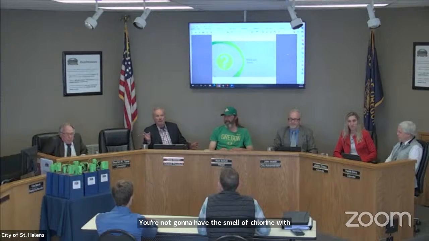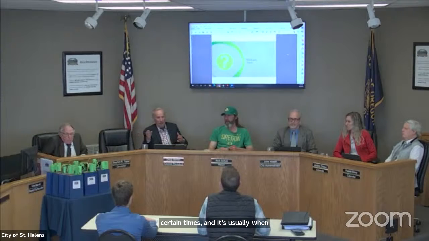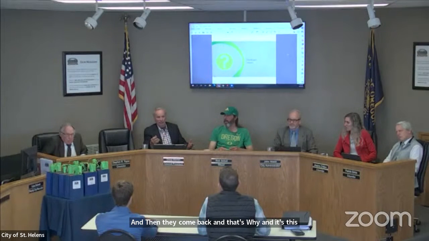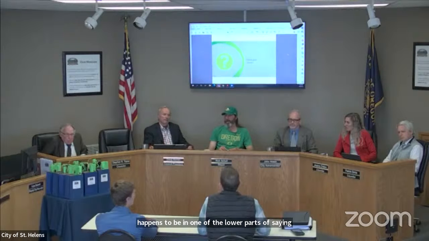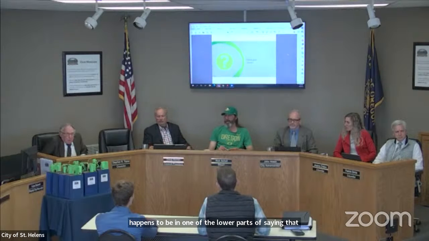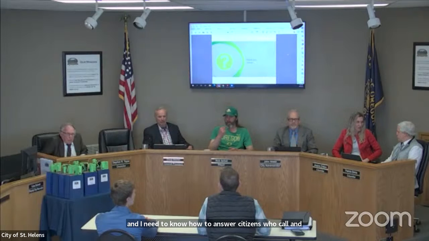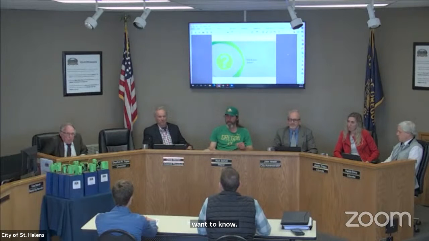Exactly, but it happens at certain times, and it's usually when residences leave for a certain time and then they come back. This happens to be in one of the lower parts of St. Helens. Like I said, we could use the model to further analyze that, but that's not something we did. Okay, I'm just curious, because I need to know how to answer citizens who call and want to know. I just refer them to the water department, and they would be the best one at this time to answer that.